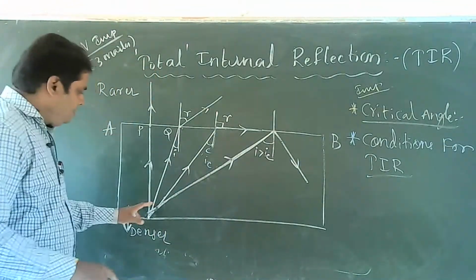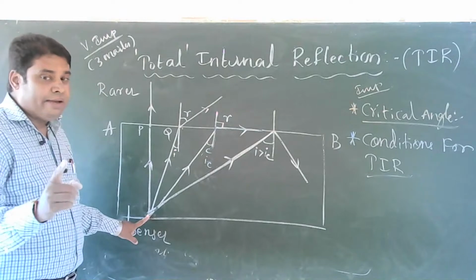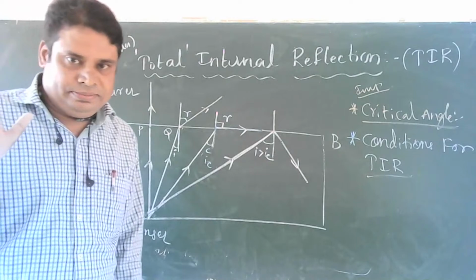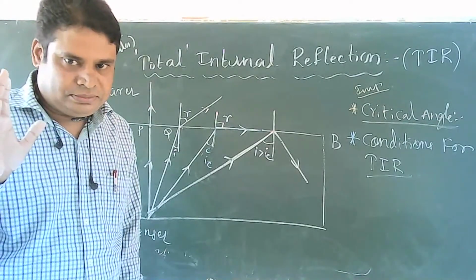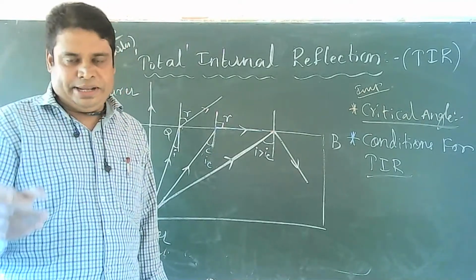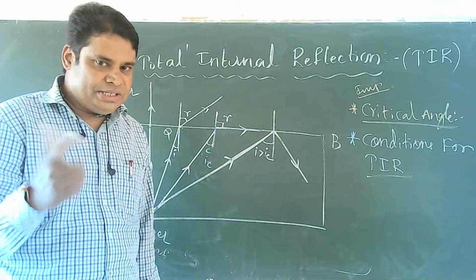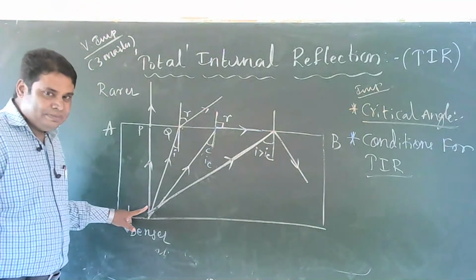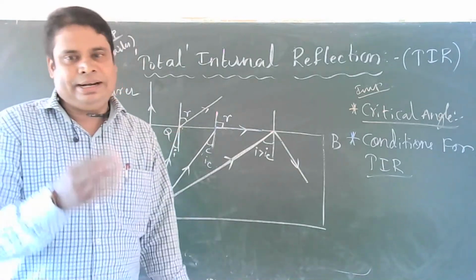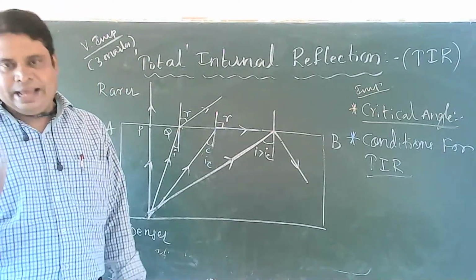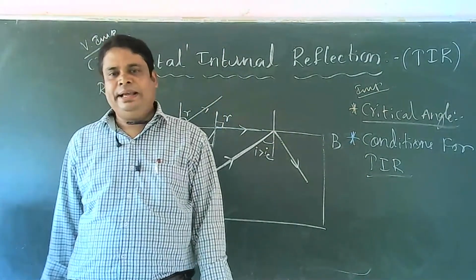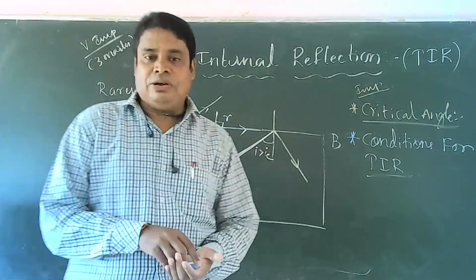First condition, the ray of light must travel from denser to rarer medium, then only you observe this phenomenon. Let me repeat. The ray of light must travel from denser medium to rarer medium. Second condition, the angle of incidence in the denser medium must be greater than the critical angle. These two are conditions for TIR. Next concept.